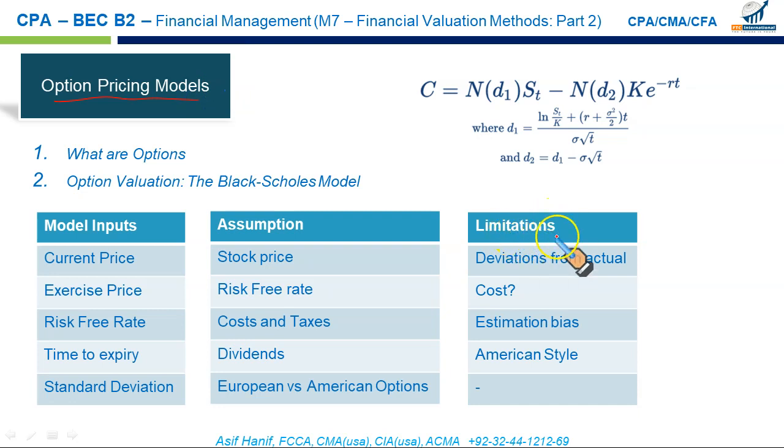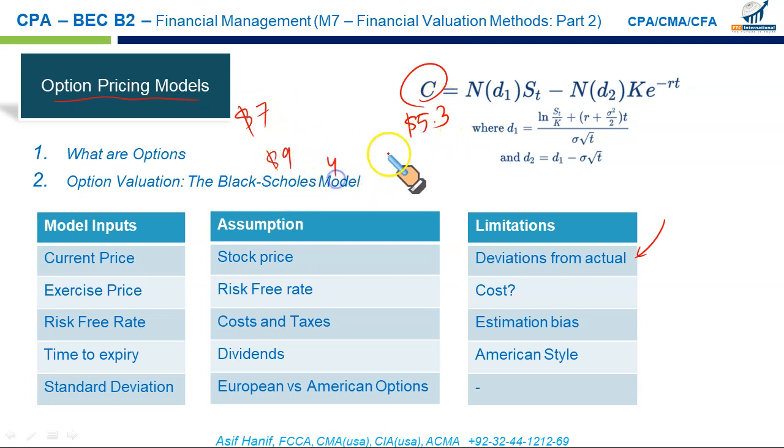Now, the first limitation is that the values these models give for call and put options will deviate from the real prices of call and put options. Let's say I've calculated the call option to be $5.3. When I purchase this option, I may have to pay $7, or maybe $9, right?